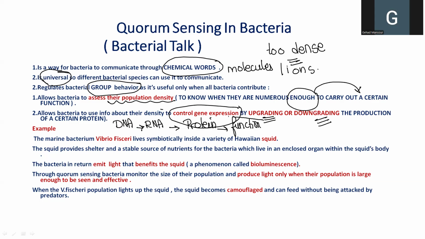And this is the central dogma of proteins. So if bacteria upregulate, they control that DNA part or that gene, they might activate that gene and therefore increase protein function, or they might downregulate that gene or inactivate it and therefore diminish that protein function.